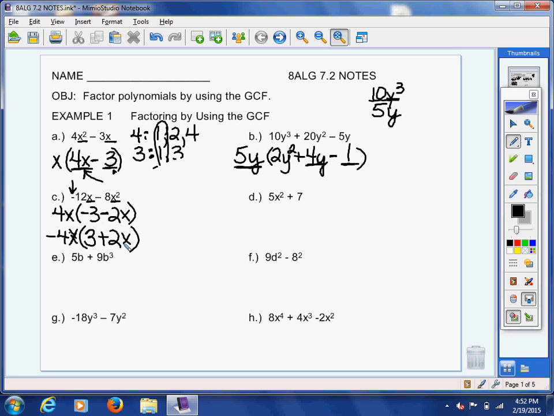So the basic difference between these two is if you pull out a positive number and both numbers were originally negative, then the inside of your quantity will remain negative. But if you pull out that negative number like we did here, then what's left in the quantity will be positive numbers.